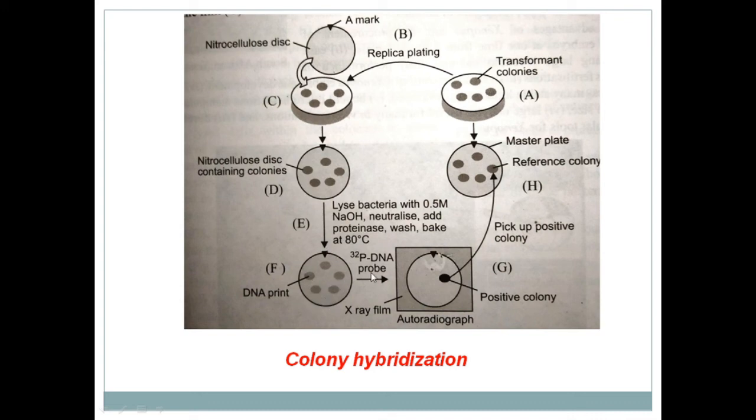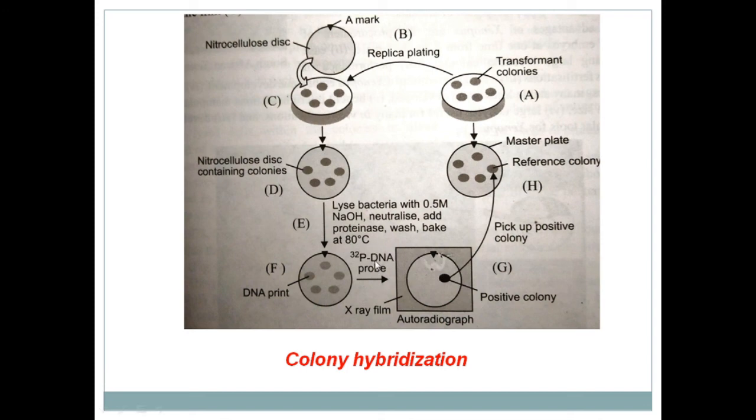The next step is to add the P32 DNA probe to it. The P32 DNA probe is nothing but a radio labeled phosphorus molecule, which is single stranded in nature and which will attach to a DNA molecule or a colony where the complementary DNA strand is present.